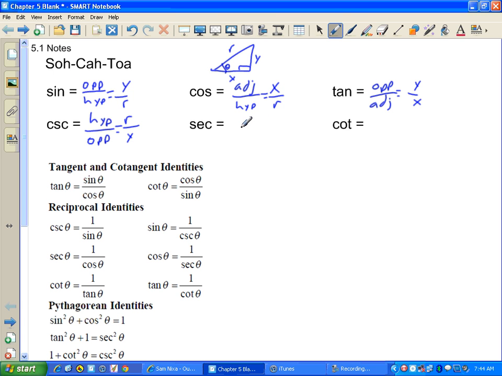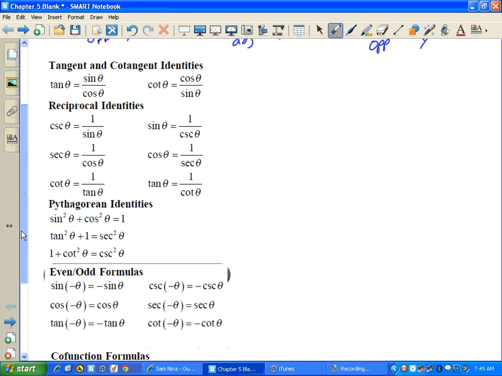Secant's the reciprocal of cosine, so that would be the hypotenuse on top, the adjacent side on the bottom, which would be r over x. Cotangent's the reciprocal of tangent, so we get the adjacent on top, the opposite side on bottom, or x over y.